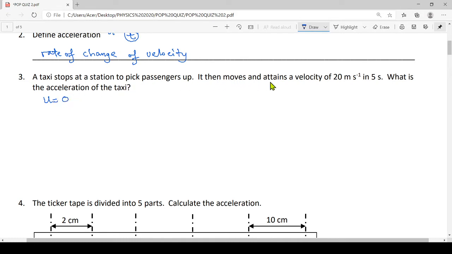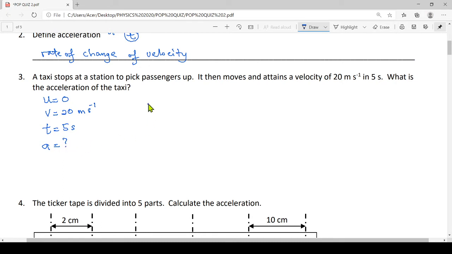Then, move and attain a velocity of 20 meters per second. So, that is my final velocity. In 5 seconds, so that is our time. And we are to find what is the acceleration.